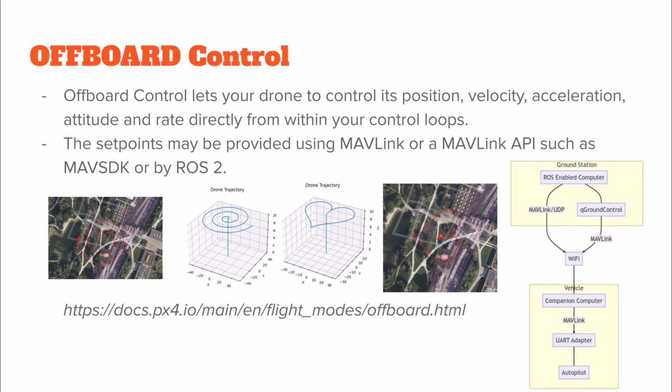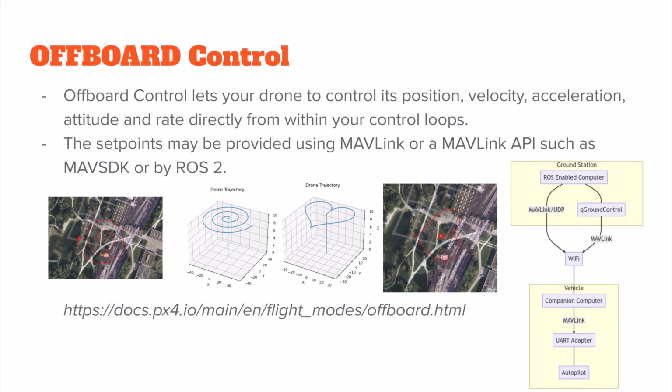You can send the data from a ground station as well, but offboard control needs at least 2 Hz of commands being sent to it. Otherwise, the offboard control would reject and your drone would end up being in hold mode or any other fail-safe scenario that has been designed. For complete documentation about offboard control, take a look at the PX4 documentation page.